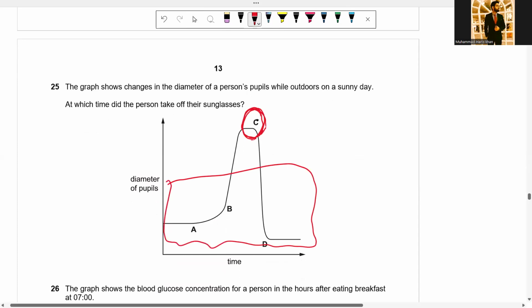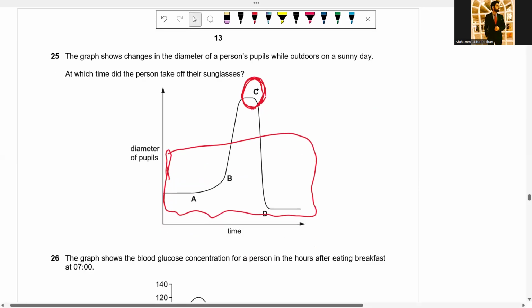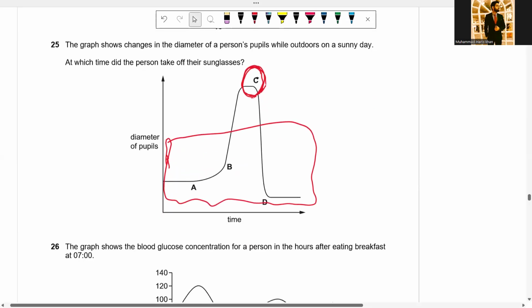During this whole time the intensity of light that is coming into the eye is high. That is why the pupil diameter will be less as compared to the point C, where the sunlight intensity is low and the diameter of the pupil will be enlarged.